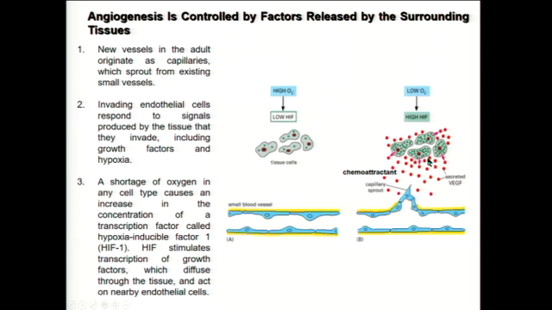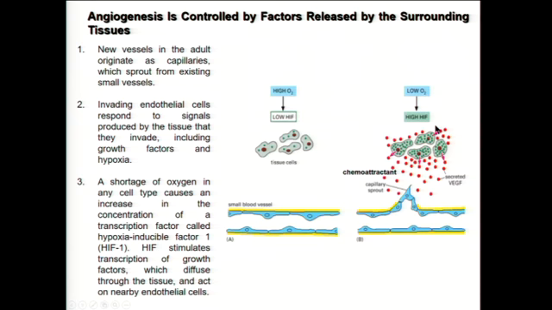You've got chemoattractants made by those cells that are slowly starving. Well, what does it attract? It attracts endothelial cells from a blood vessel in proximity, and they begin to sprout toward that ischemic area. So again, let's think about it. Under normal oxygen tension, everything is fine.